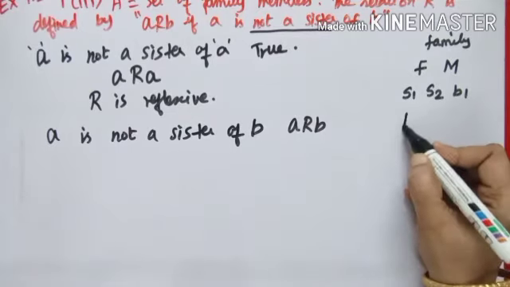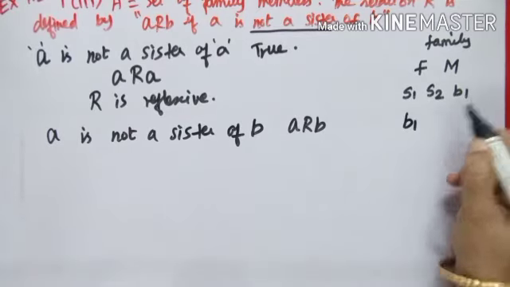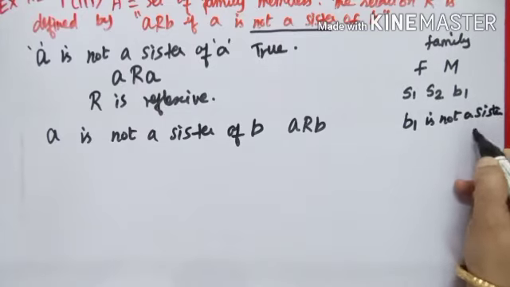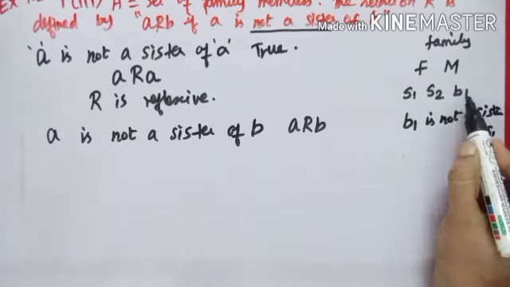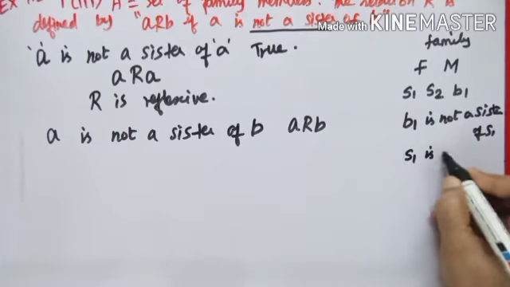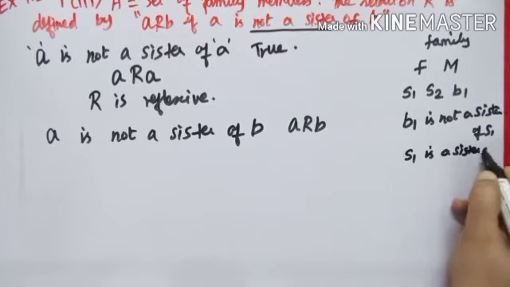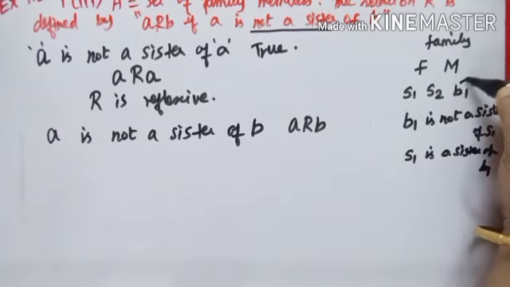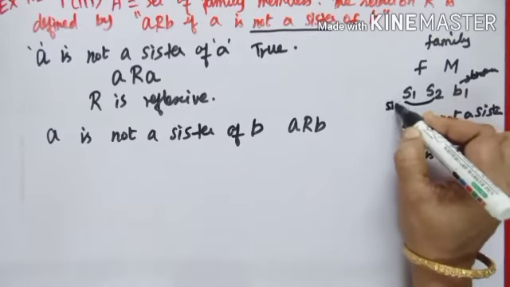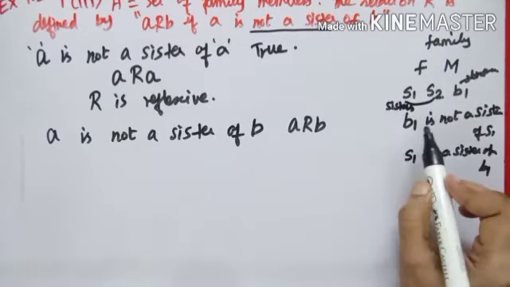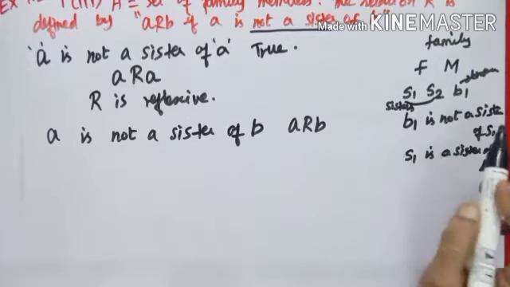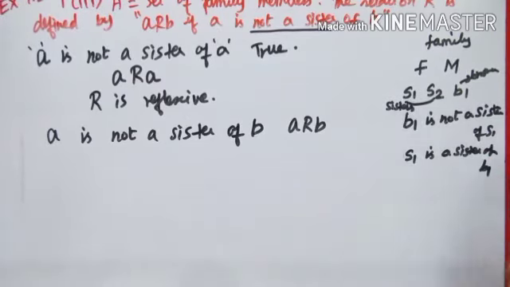I will say B1, a brother, is not a sister of S1. But what will you say? S1 is a sister of B1. So this is brother and these two are sisters. So I will say B1 brother is not a sister of S1 but S1 is the sister of B1.